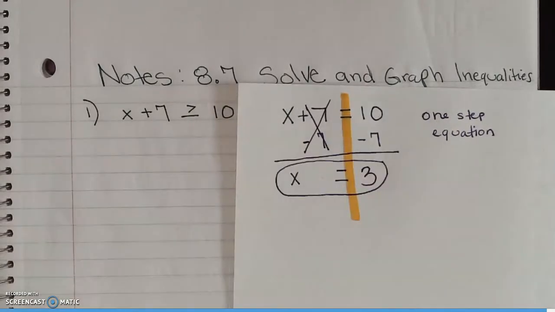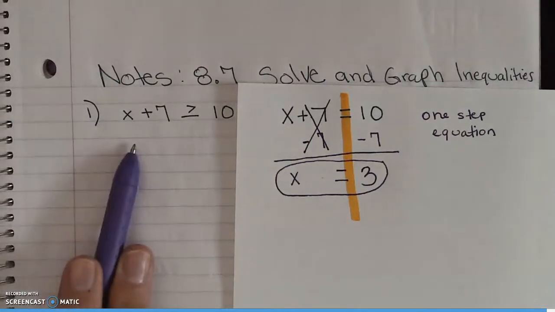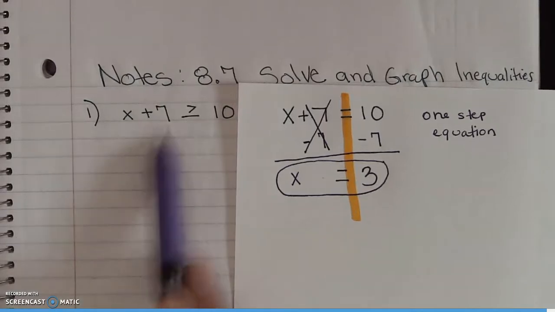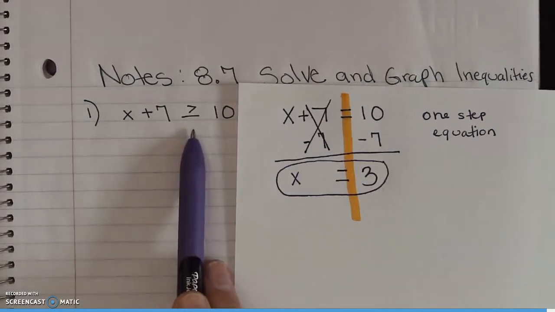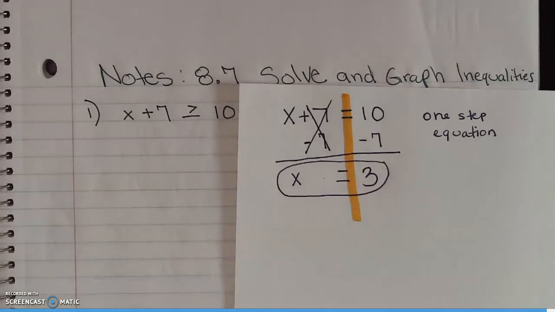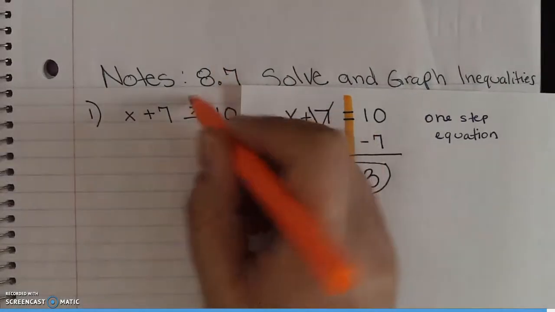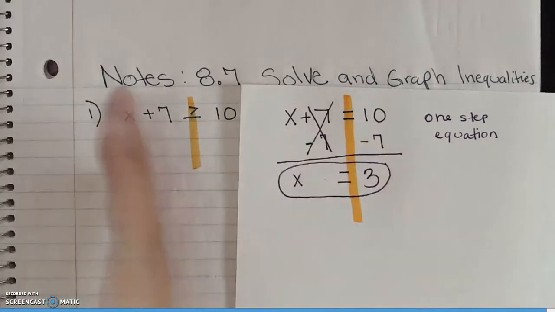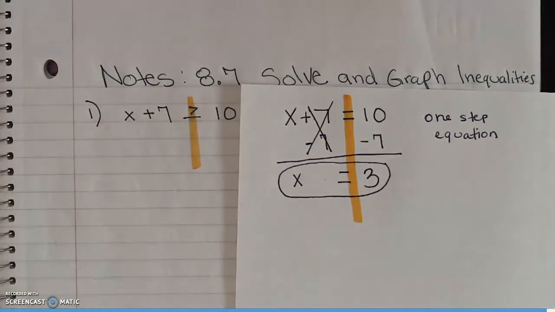Now, guess what? You're going to do the same thing with this inequality. So you're trying to find out, how do I solve this inequality? You're going to leave this symbol just like it is, and you're going to put it in the middle. That means you have 2 sides to work on.